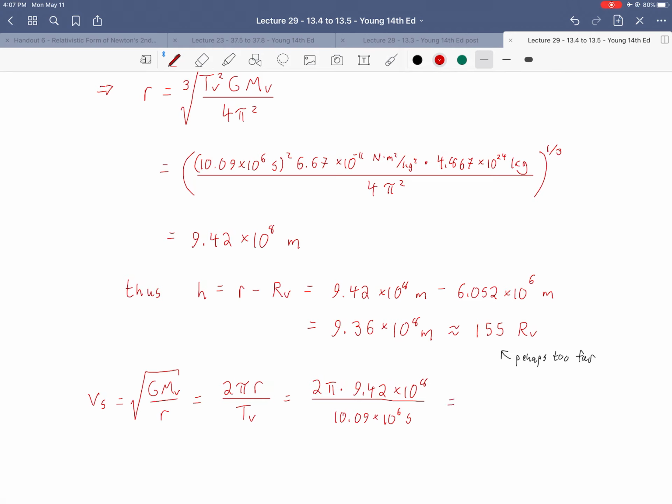And that will give us our velocity. Okay, so let's see what we get. 2 pi times our orbital radius by 10.09 times 10 to the 6 period. All right, so 583 meters per second.